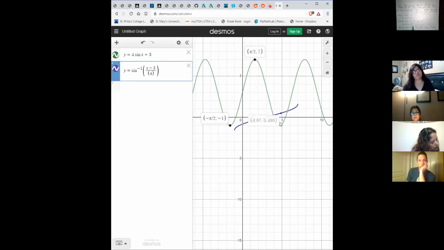So if I want to find values somewhere on this function, I can use the inverse to solve for them. The inverse is from that first dot on the blue line to the second dot on the blue line. So we redefine the original sine, cut it off here, and solve for the inverse, which is the purple one. Sorry, I'm colorblind.